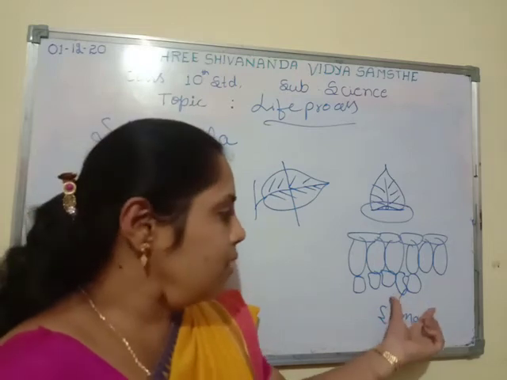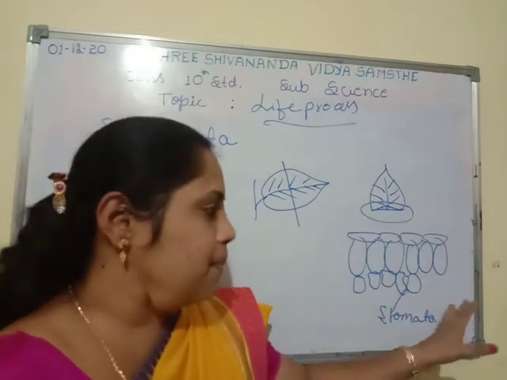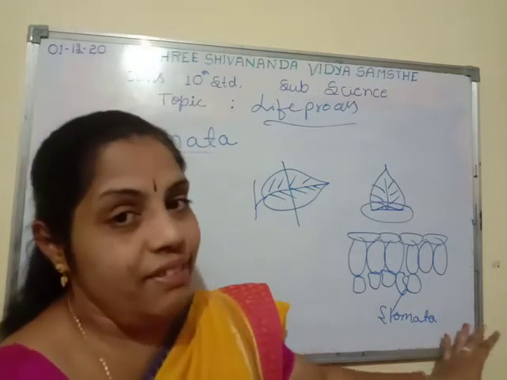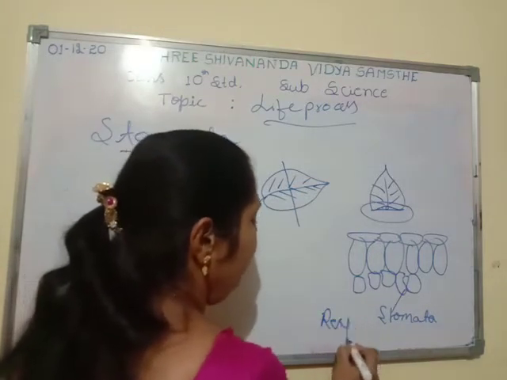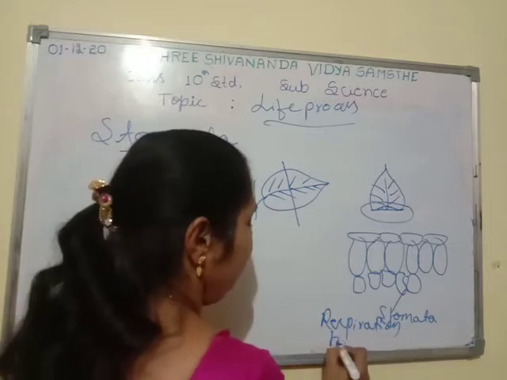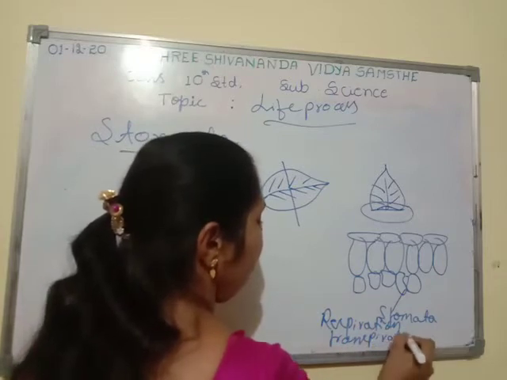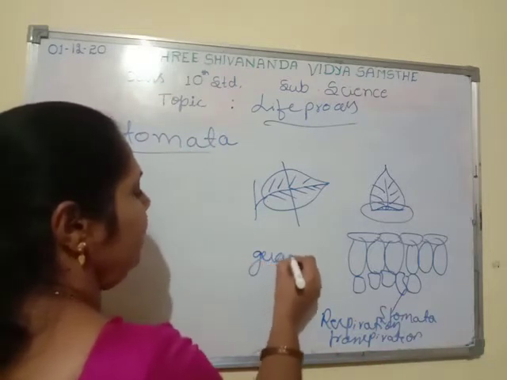What is the function of the stomata? Especially it helps in respiration and transpiration in plants. It is also known as the guard cell.